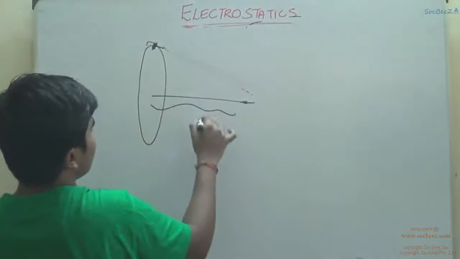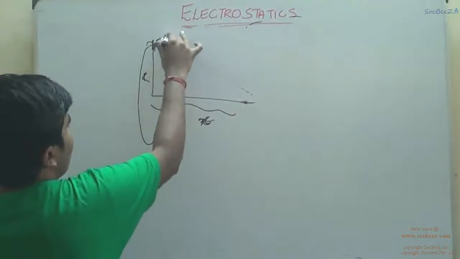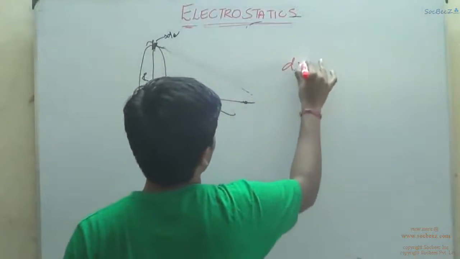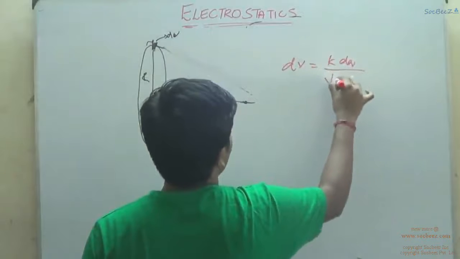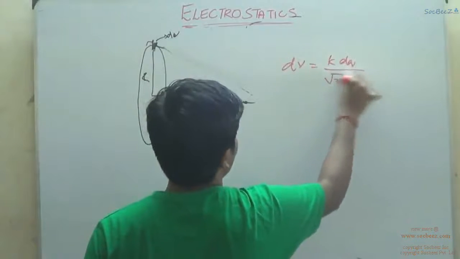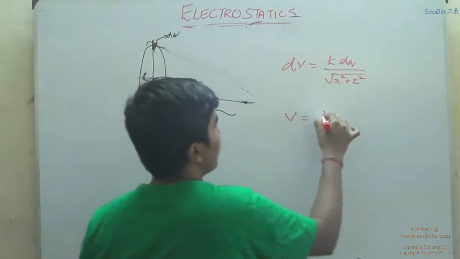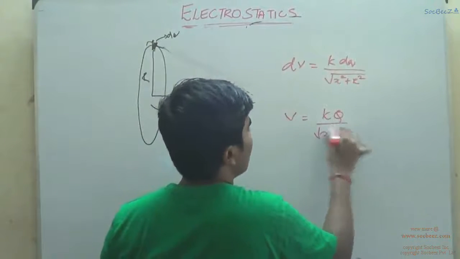Okay, this distance is x, this is r. Consider dq. So electric potential here due to that small element is k dq by under root of x square plus r square. See here, x is constant, r is constant, k is constant. So simply integrating it, we would get kq by under root of x square plus r square.